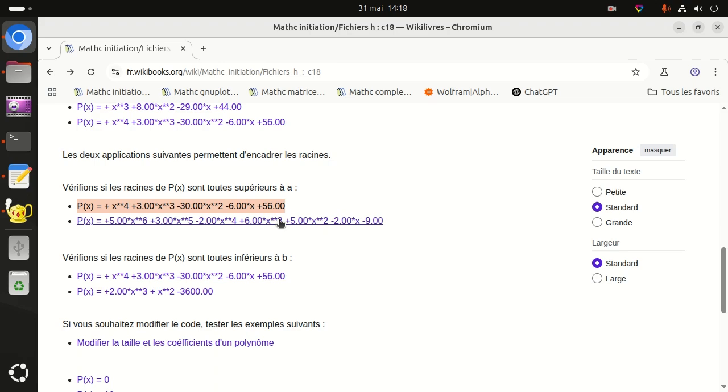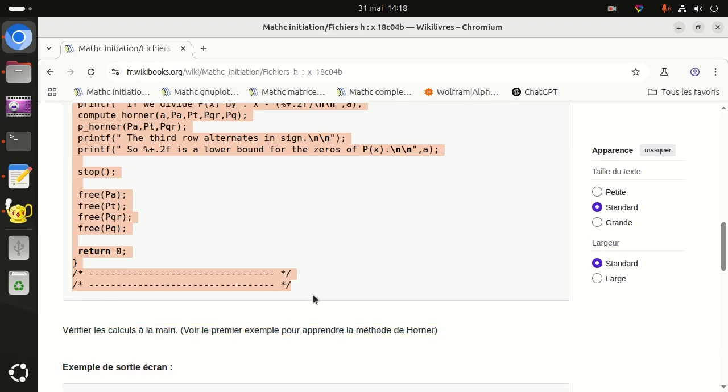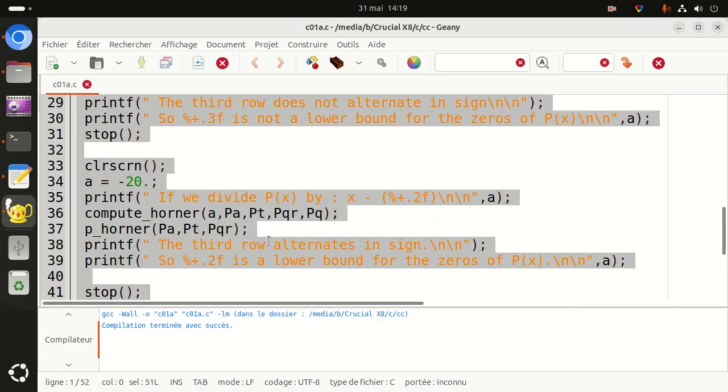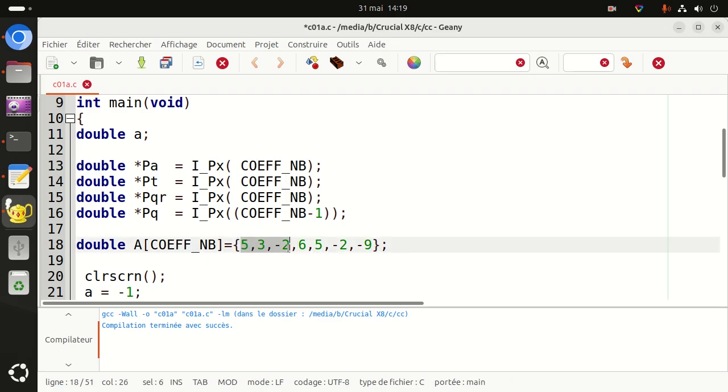Now we can try a new example. This polynomial is of degree 6. This is the coefficient of the polynomial.